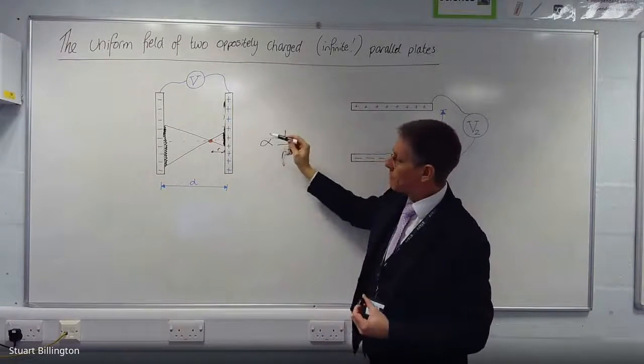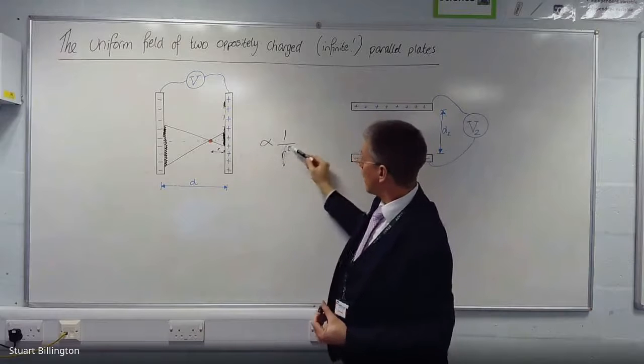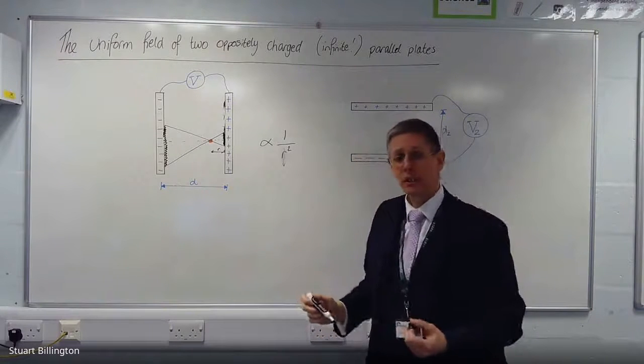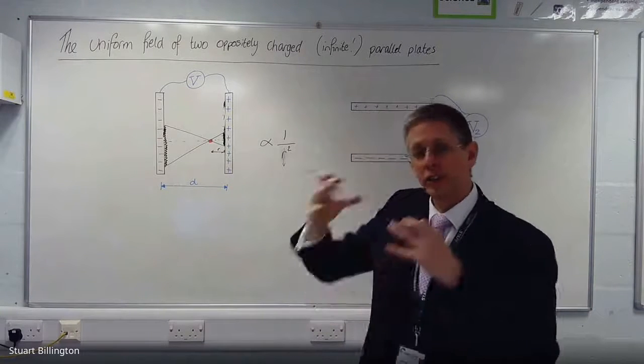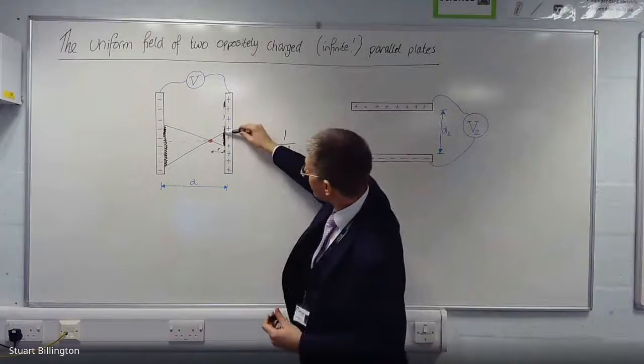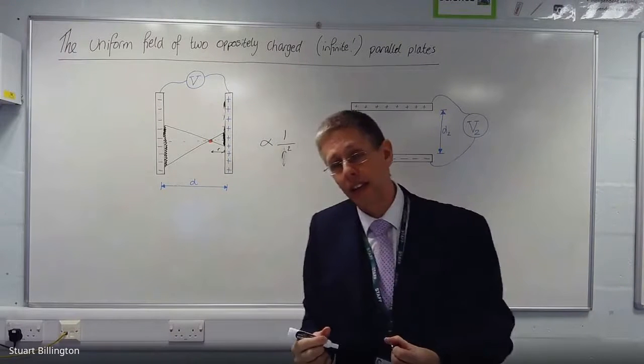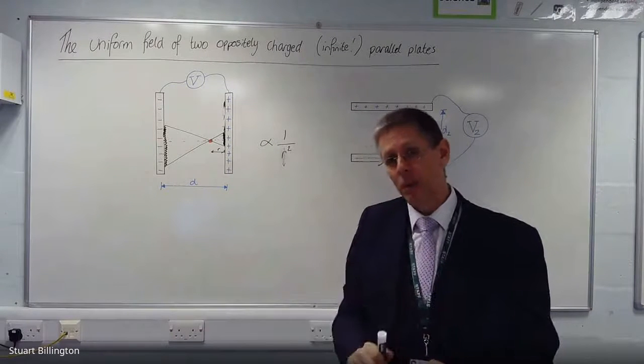But at the same time that it got closer, and therefore the denominator of this equation got smaller, and therefore the overall force got bigger, at the same time that that happened, the amount of charge that is doing the attracting went down.